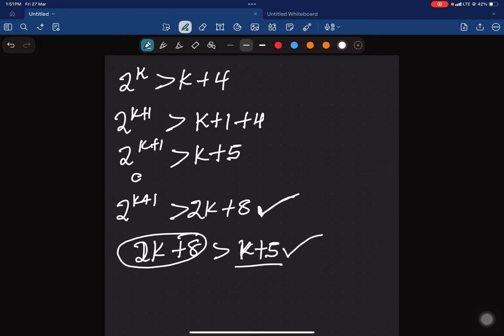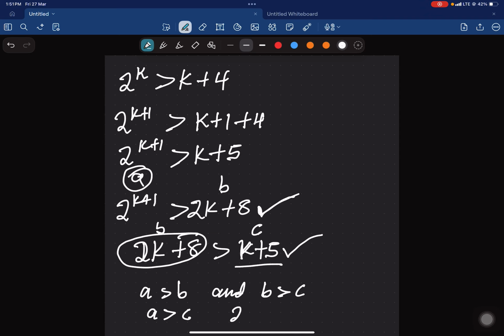So let's take this as our A, this is our B, this is the same B, this is C. Now realize that A is greater than B and B is greater than C. Hence, A is also greater than C. Now A, which is 2 to the power k+1, greater than C, which is k+5, is what we were trying to find out.